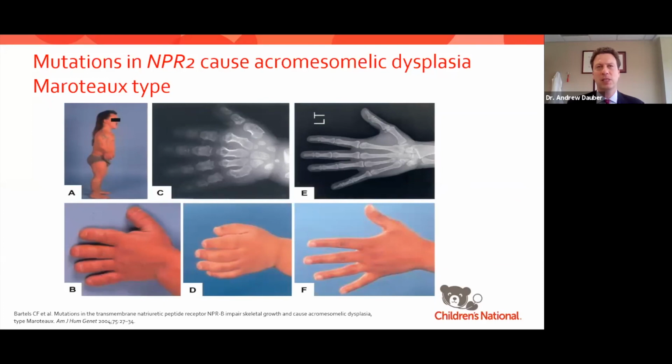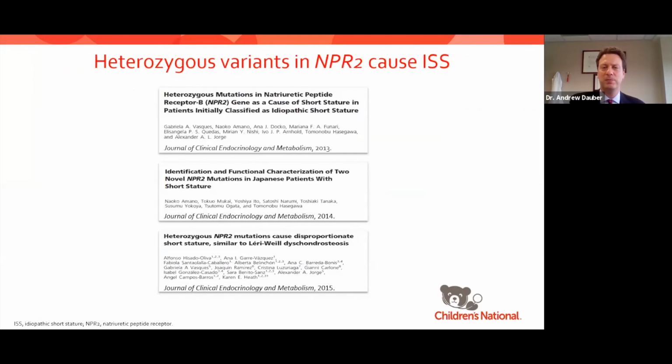But what was interesting was that a group led by Rob Olney realized that the parents and siblings of these individuals who had heterozygous mutations in this gene ended up having what looked like idiopathic short stature. So they were shorter than the family members who didn't carry one copy of this mutation. But on X-ray, they looked otherwise like they didn't have any significant skeletal dysplasia. You wouldn't be able to realize that they had an underlying skeletal abnormality.